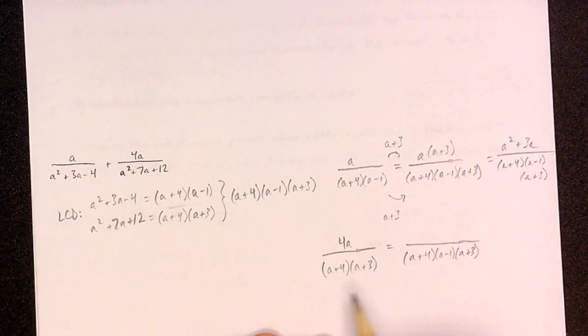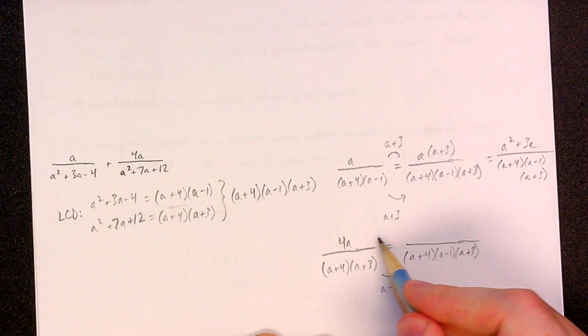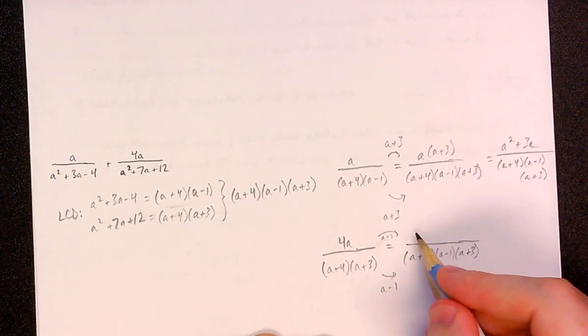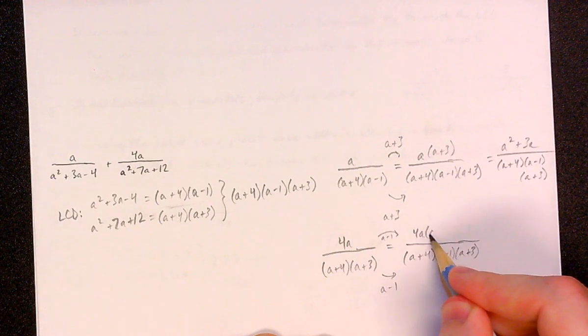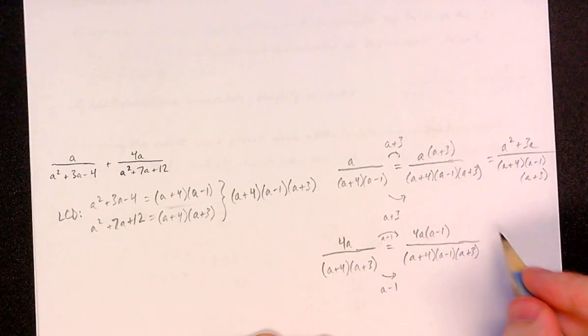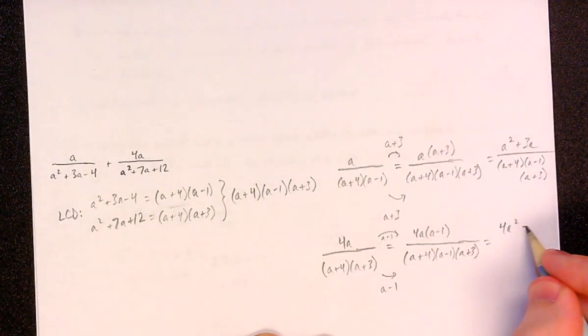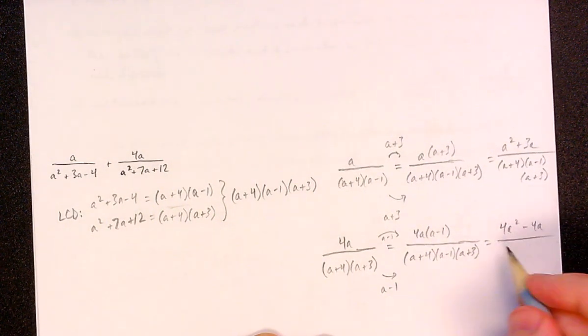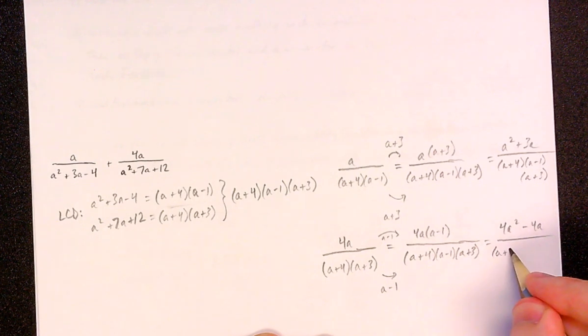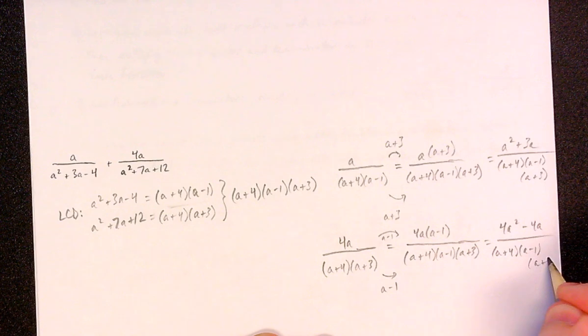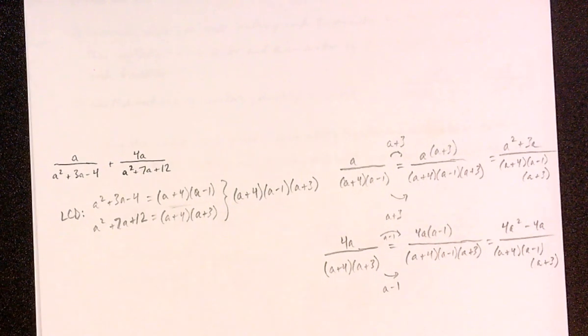And what do I have to multiply this guy by to get this? I have to multiply by the a minus 1. So I'm going to do the same thing there. 4a times a minus 1. This is 4a squared minus 4a. a plus 4, a minus 1, a plus 3.